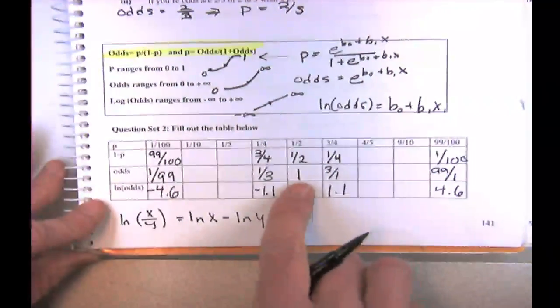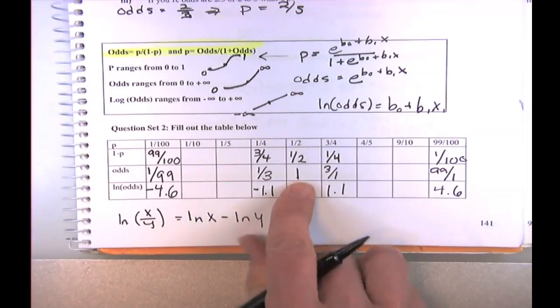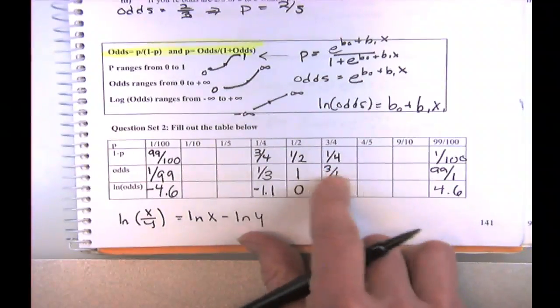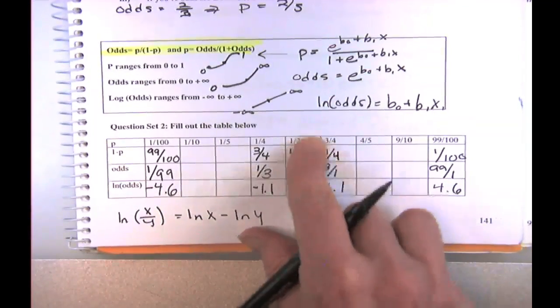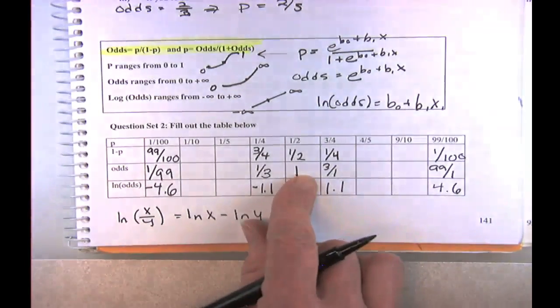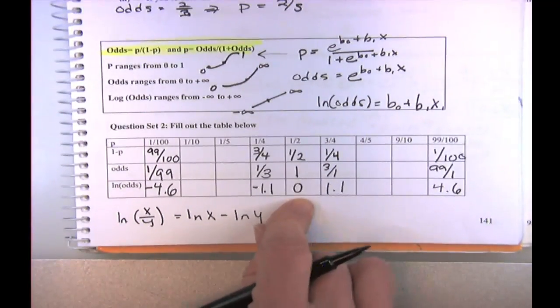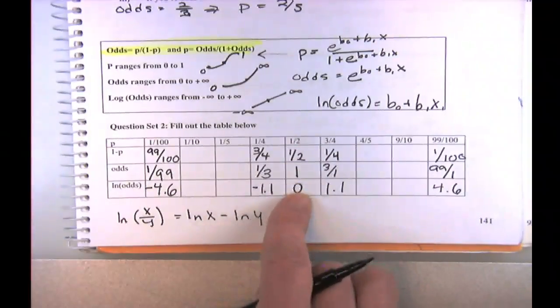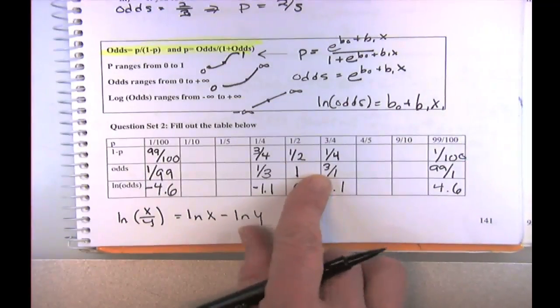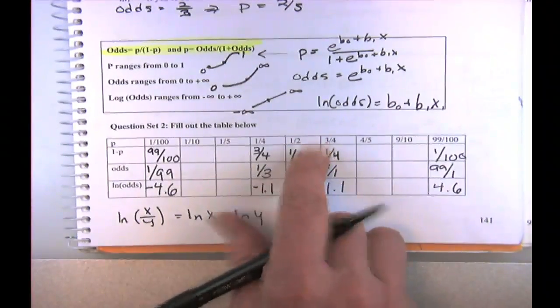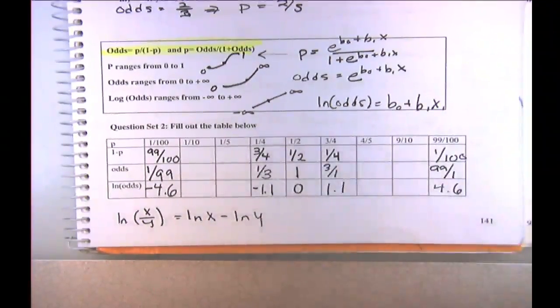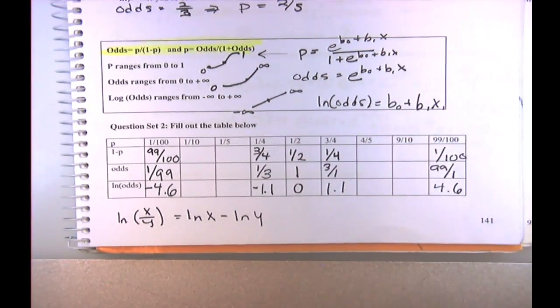If your odds are greater than 1, right here, that means your probabilities are going to be, at 1, a 50-50 shot. And log odds, 0 is a 50-50 shot. So if your numerator is bigger than your denominator, for the probability, yeah, it makes sense.